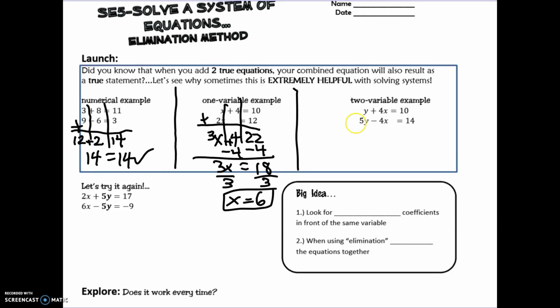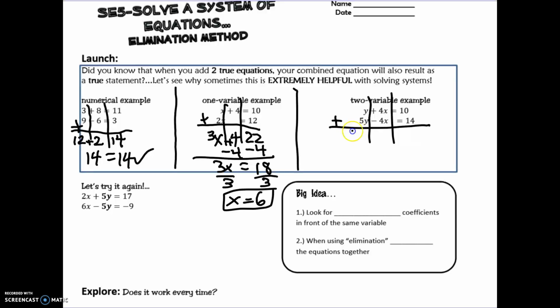Earlier in this unit, we talked about how you need two equations to solve for two variables. So I'm going to actually take the exact same method and I'm going to add my two equations together. And I'm going to use columns to do that. Notice how like terms are in the same column. That has to be true in order for you to use this technique.